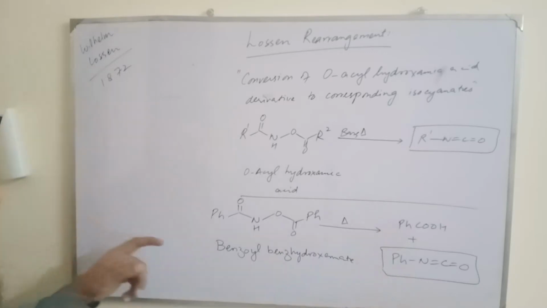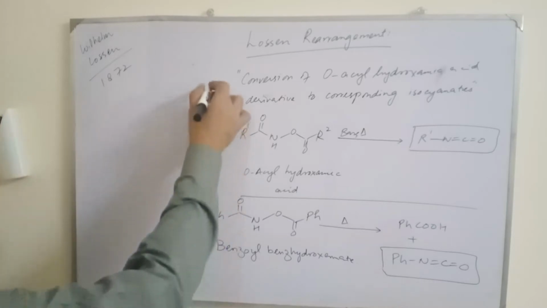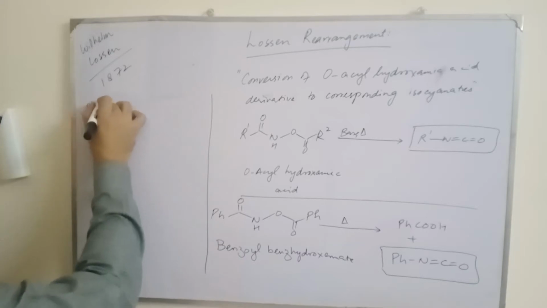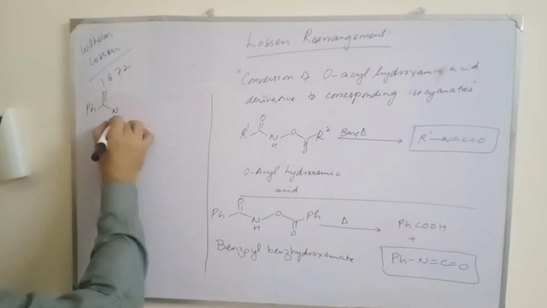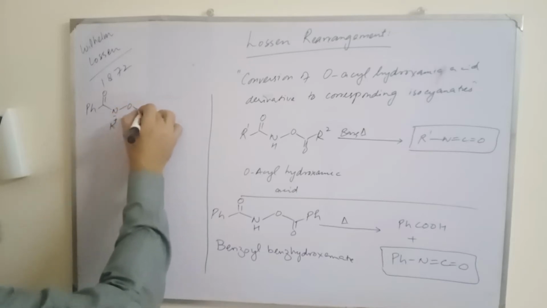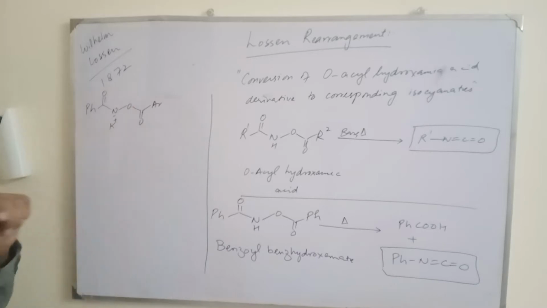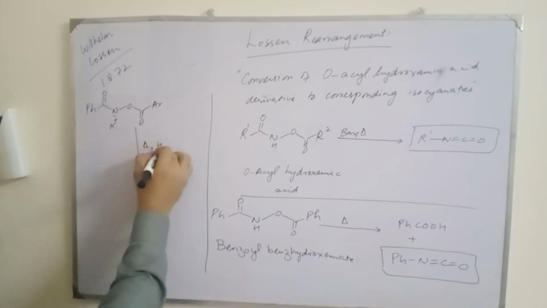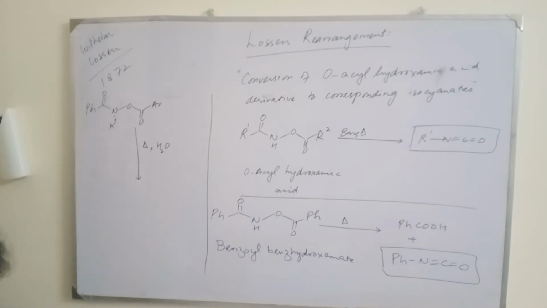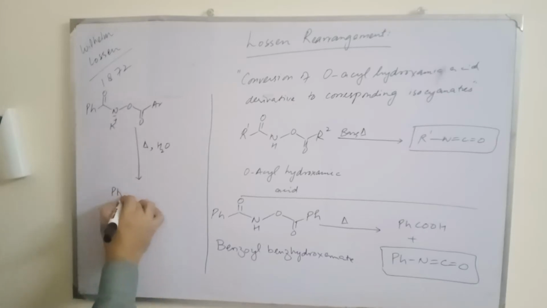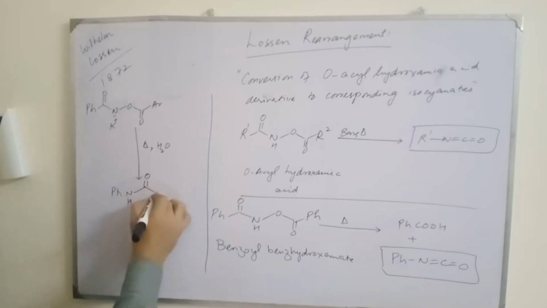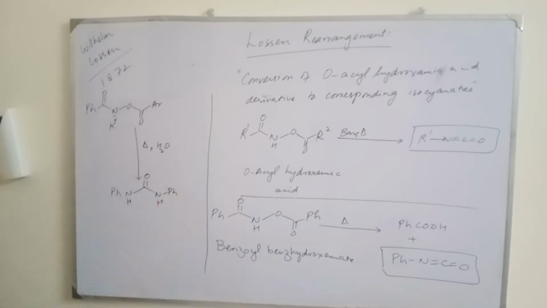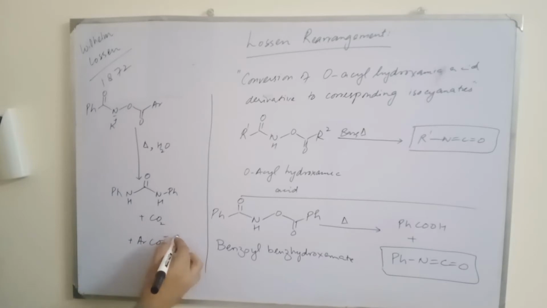Wilhelm Lossen observed this pyrolysis, and a few years later he also observed that when the potassium salt of aryl benzhydroxamate is treated with water under heating conditions, it gives a diphenylurea derivative, and CO2 is also liberated, and potassium anisolate is also formed.